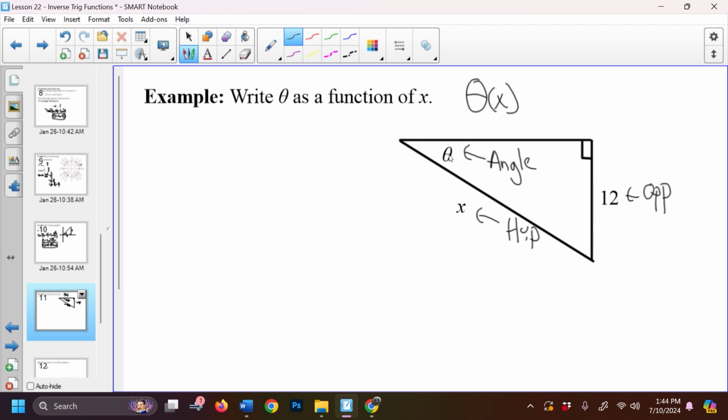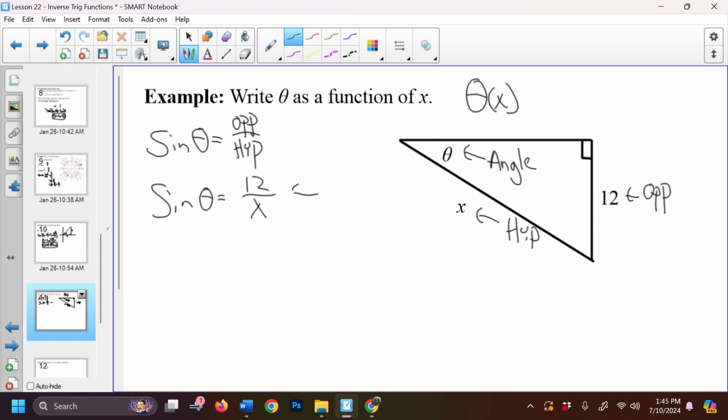So if I have theta opposite and hypotenuse, we're talking sine. So I've got the sine of theta is going to equal the opposite over the hypotenuse. In this case, the sine of theta is unknown. The opposite side is going to be 12. The hypotenuse is x. And since I want theta in terms of x, I almost have that. I don't have theta by itself.